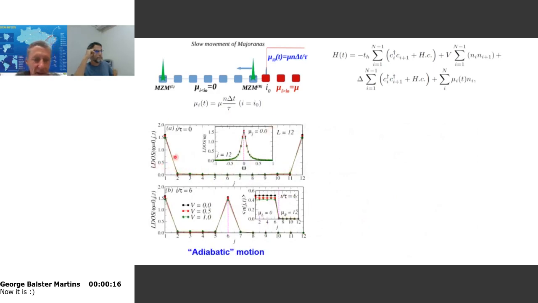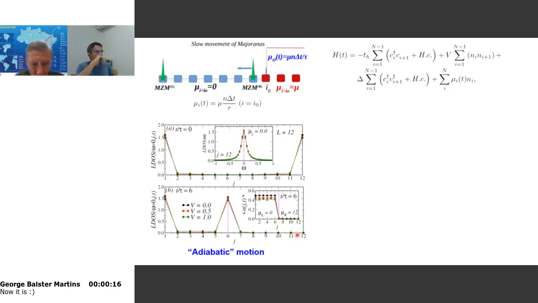You have the local density of states on a chain of 12 sites that you solve exactly. You do the dynamics of that. You do all these gates, movements, and then you can translate that from 12 to 6 without any problem. And between 6 and 12, you have a potential that is so large that there are no electrons. Here in the inset, you have the electronic density.